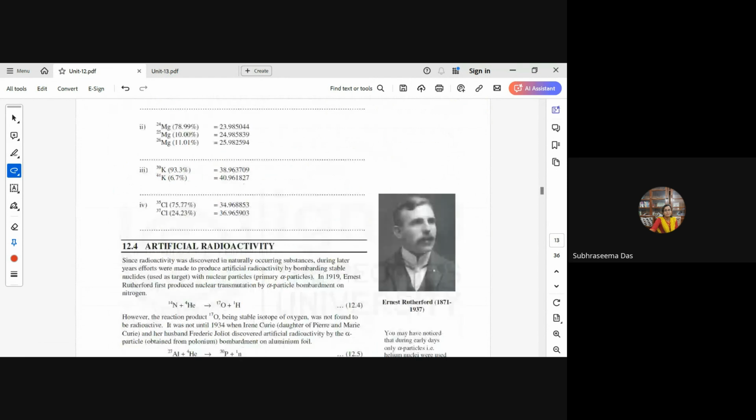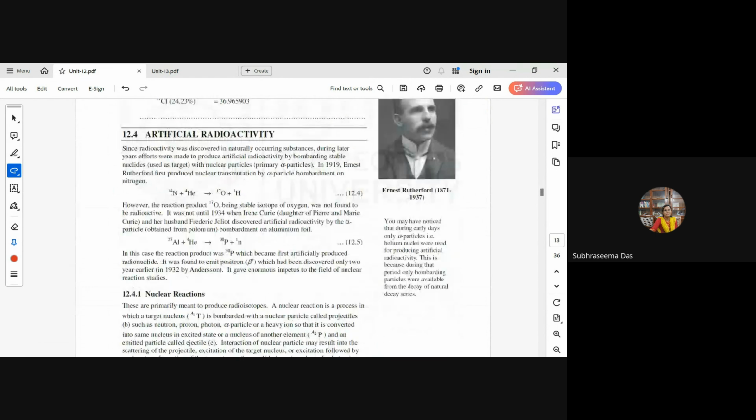Then now coming to artificial radioactivity. We all know radioactivity occurs naturally from certain elements which naturally emit various types of emissions and radiations. But artificial radioactivity is a type of induced radioactivity. So first, when natural radioactivity was discovered, people thought of artificial radioactivity and various efforts were made.